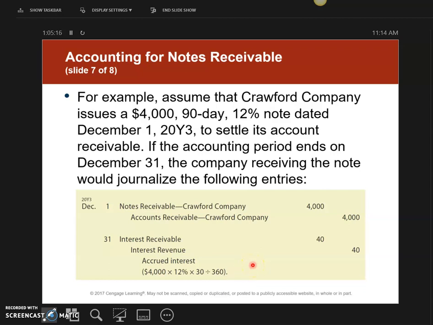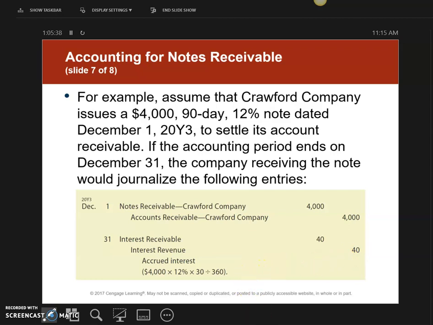Because there are 30 days from December 1st to December 31st, it's 30 days. So I want to make sure I know how much interest for that year. So this is interest for this particular year. So I'm going to debit the receivable and credit the revenue. So I've actually earned money this year, but I'm not going to receive it until March.